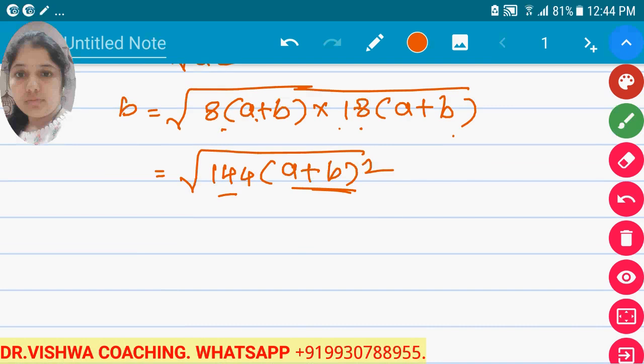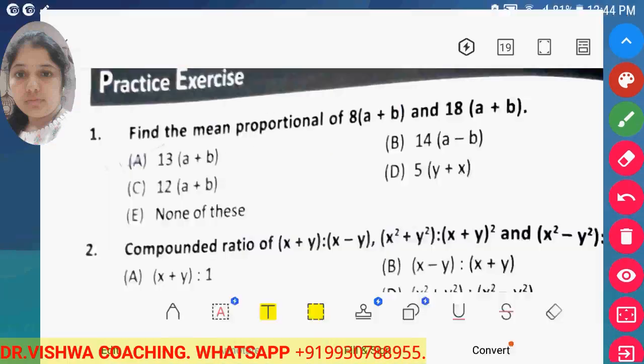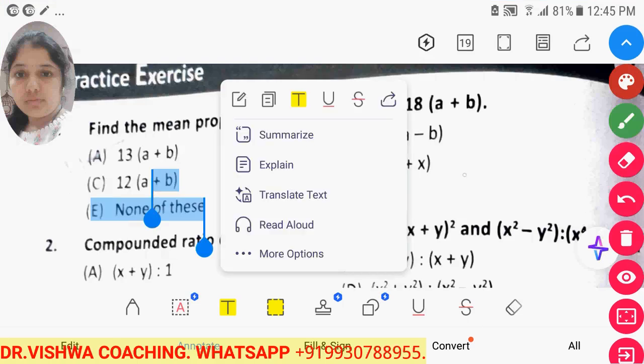Because I already got the square, so I can take the square root of it. So B is 12 into (a plus b), because the square root of 144 is 12 and the square root of (a plus b) square is (a plus b). So this is our answer, the value of the mean proportional. So answer C is the correct answer here.